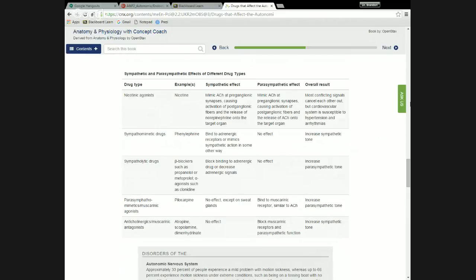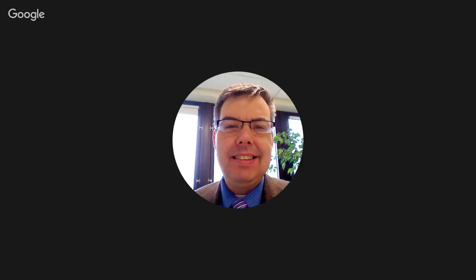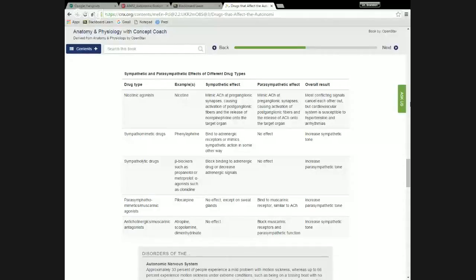For most organs, like the bladder, you can't void when the sphincter's closed, so it kind of cancels out.